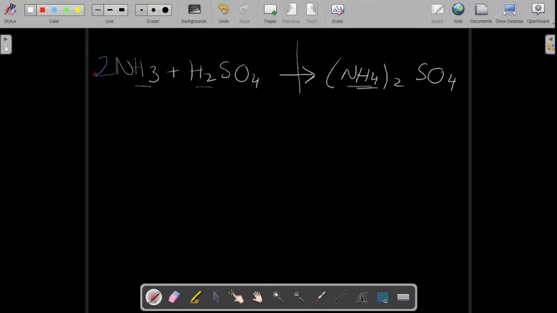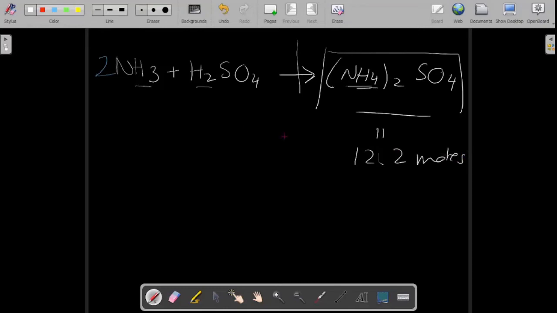The problem said that we had 12.2 moles of ammonium sulfate. And they wanted to know how many moles of ammonia were needed to create it. So this right here, the amount that we have is 12.2 moles. And they want to know how much ammonia was used.